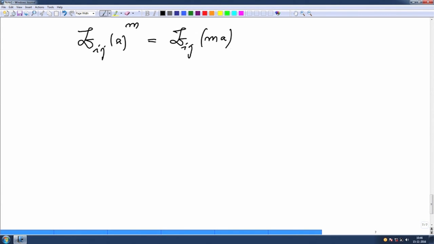Therefore, we may assume this real number a, its mod, is smaller or equal to 1. That is where I have to use the Archimedean property of real numbers and so on.